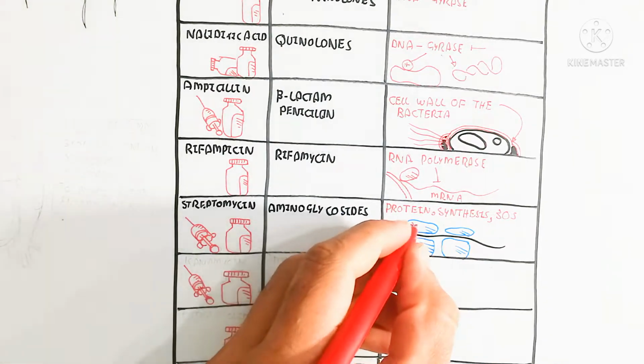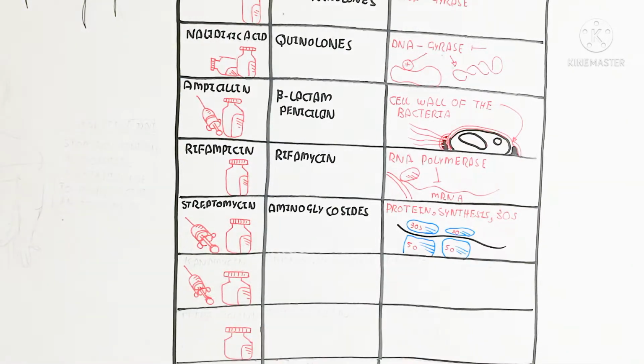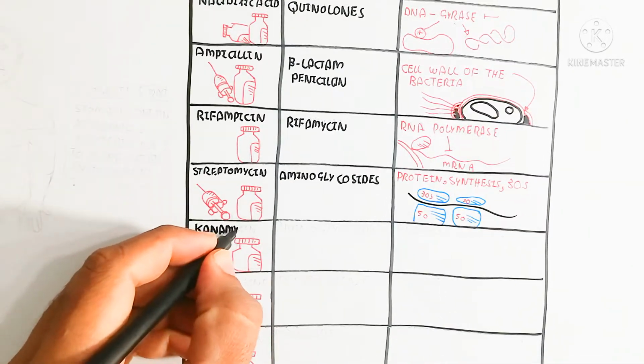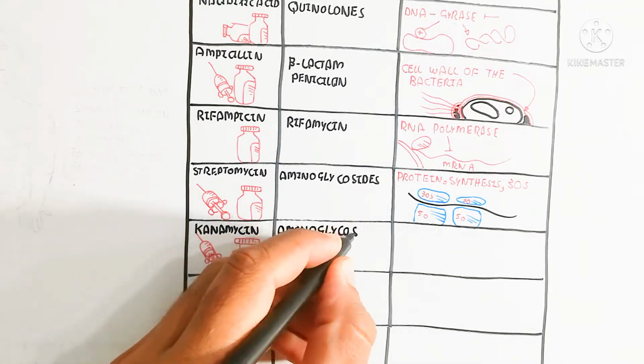Aminoglycosides are the class, and they prevent protein synthesis by inhibiting the activity of the 30S subunit of the bacterial ribosome.